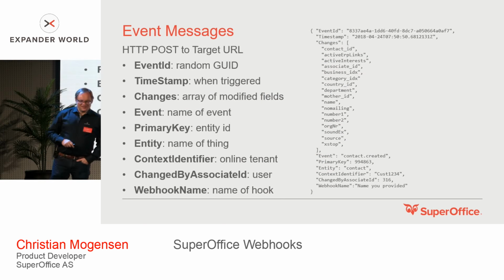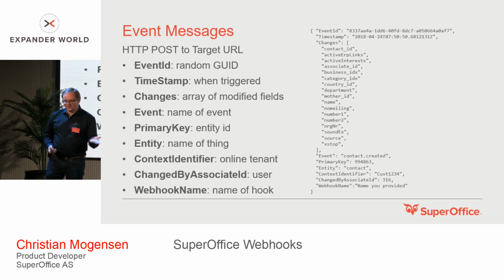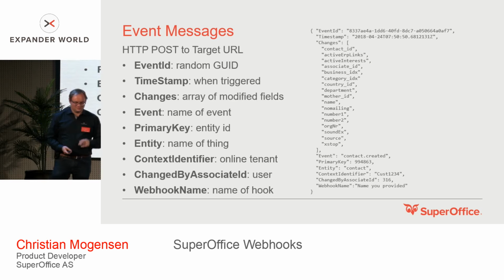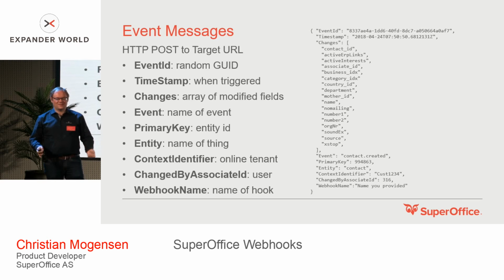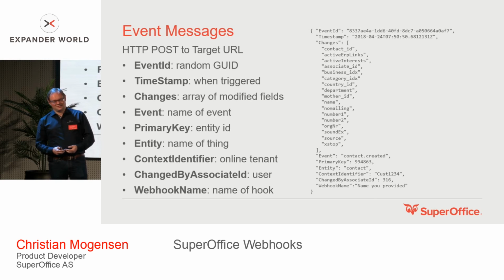So what happens when we actually fire an event is the event has a set description. There's an ID, a random ID. There's no meaning in it, no pattern. It's just random. It's to help you if you're worried about duplication, though it would be very strange if you got duplicate events.